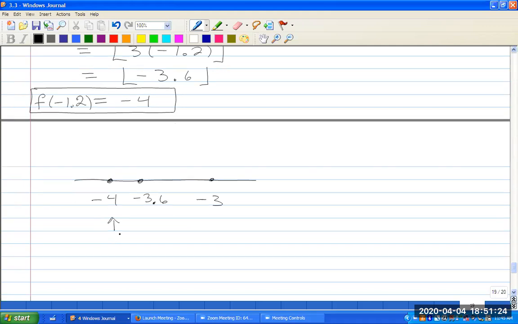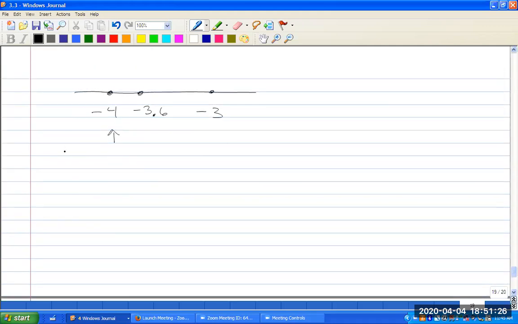So this is the greatest integer which is less than or equal to negative 3.6.